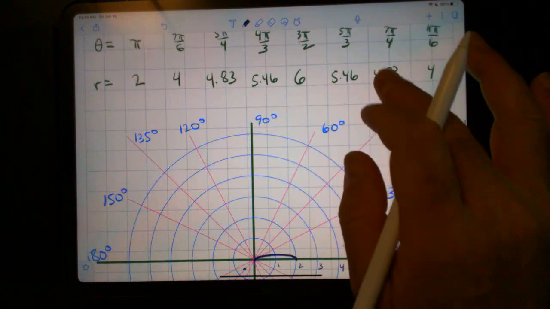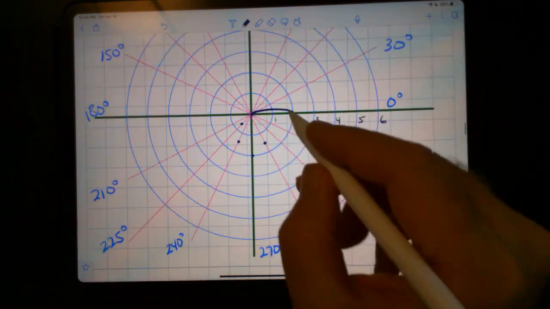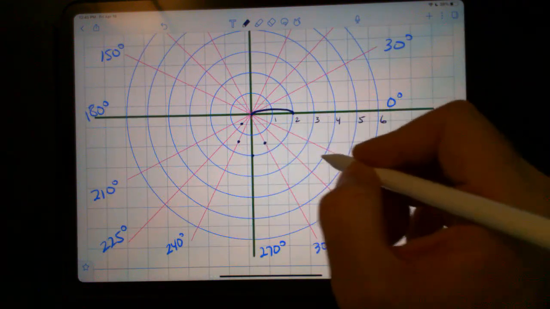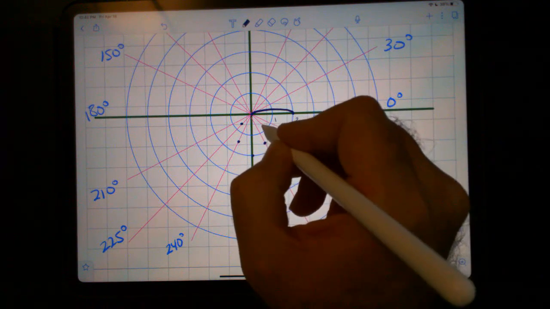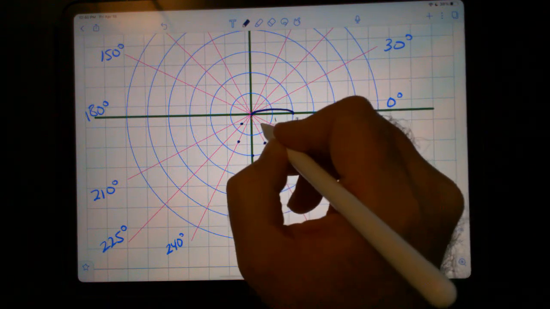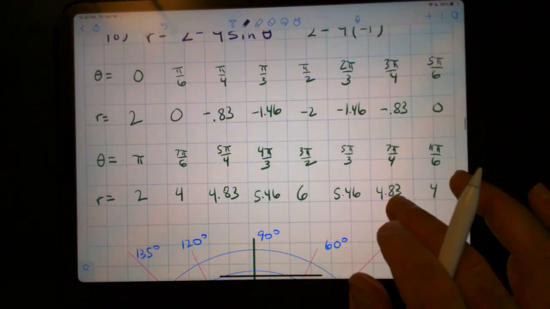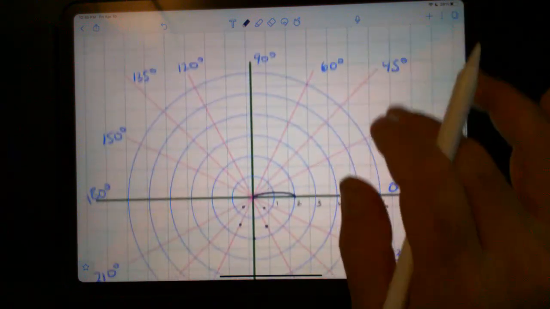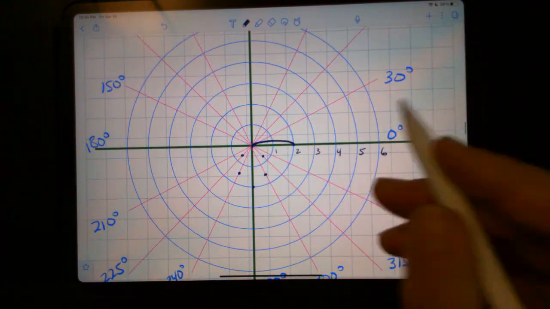Three pi over 4, negative 0.83. 5 pi over 6 is back to the origin, or the pole.